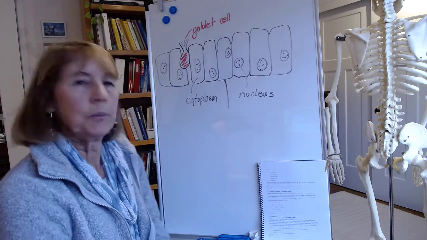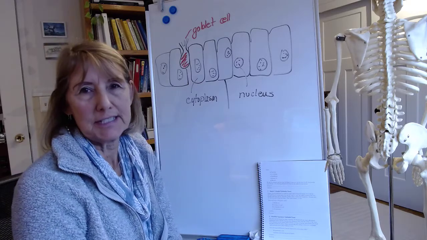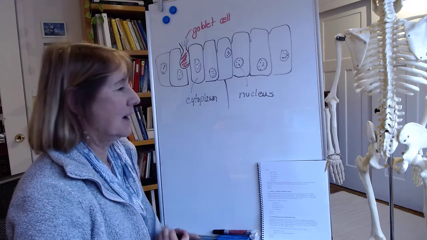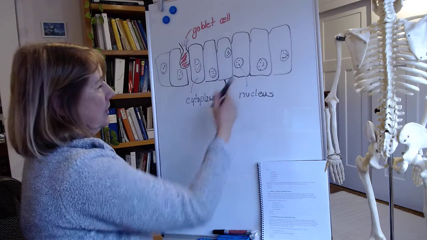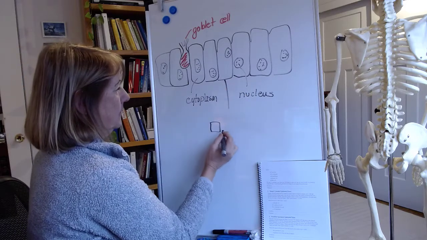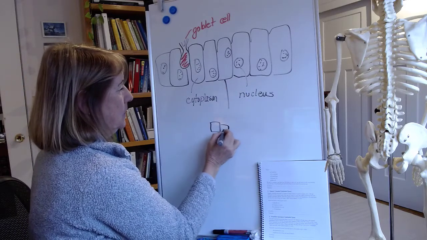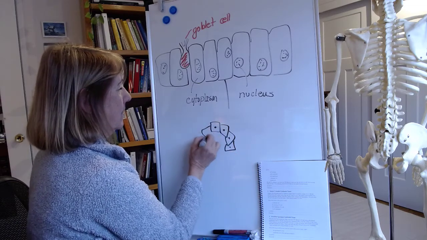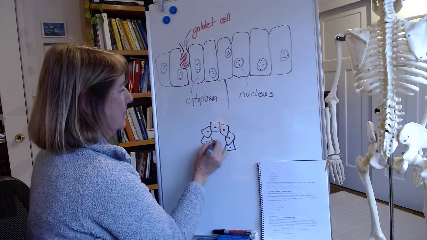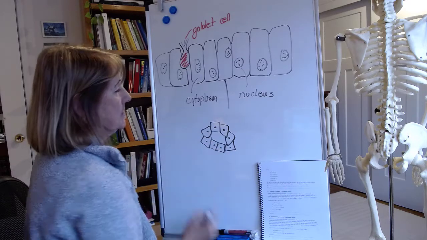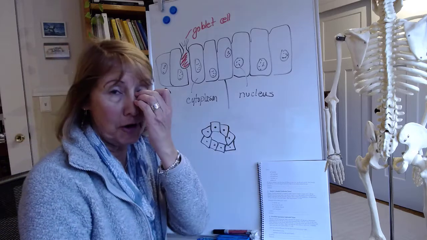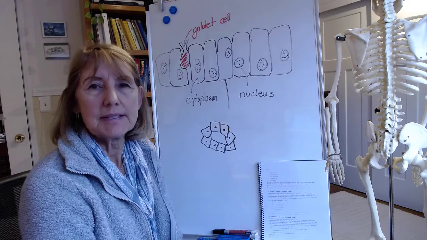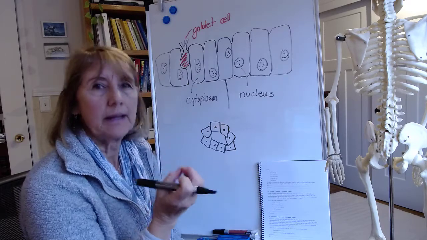So the next one would be simple cuboidal epithelial tissue. Okay, so it's simple again. It's one layer, and this time they don't look longer. They look more like cubes. So this is my cubes for the nucleus, and I'm going to make it as if, this is how we're seeing it most of the time, because they are actually surrounding some sort of tubule, for example, one that is taking sweat from a deep gland into the surface.